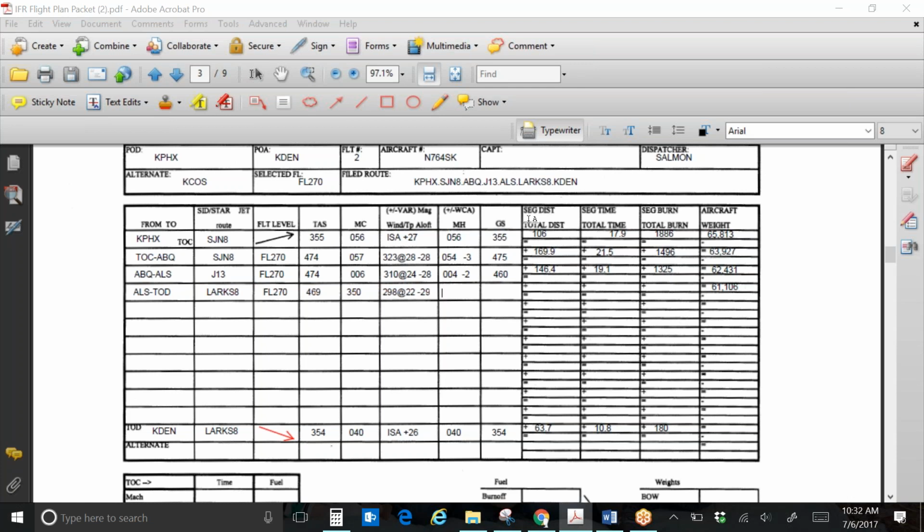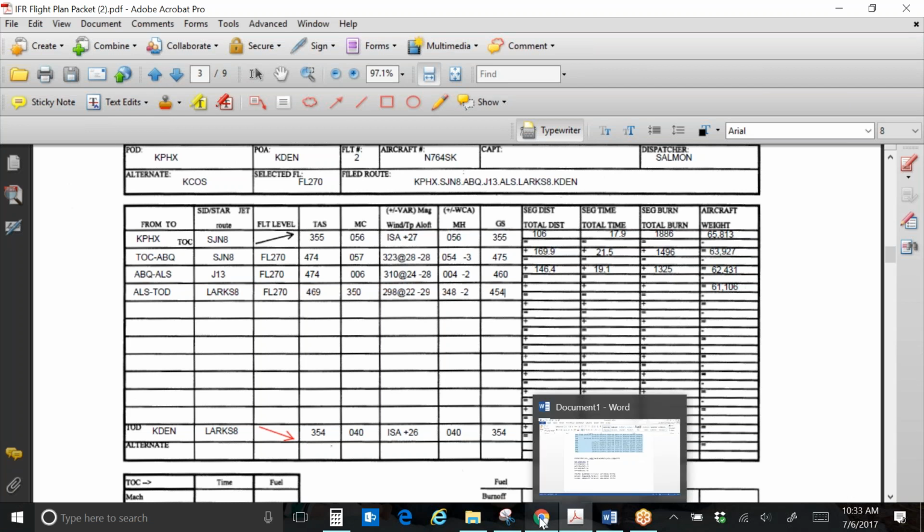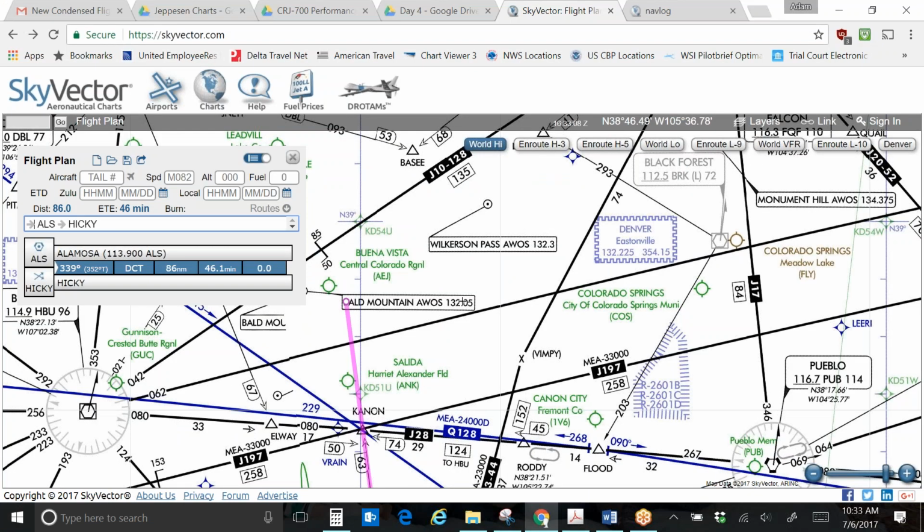Okay, so for -2, that's going to put us at 348. Ground speed of 454.